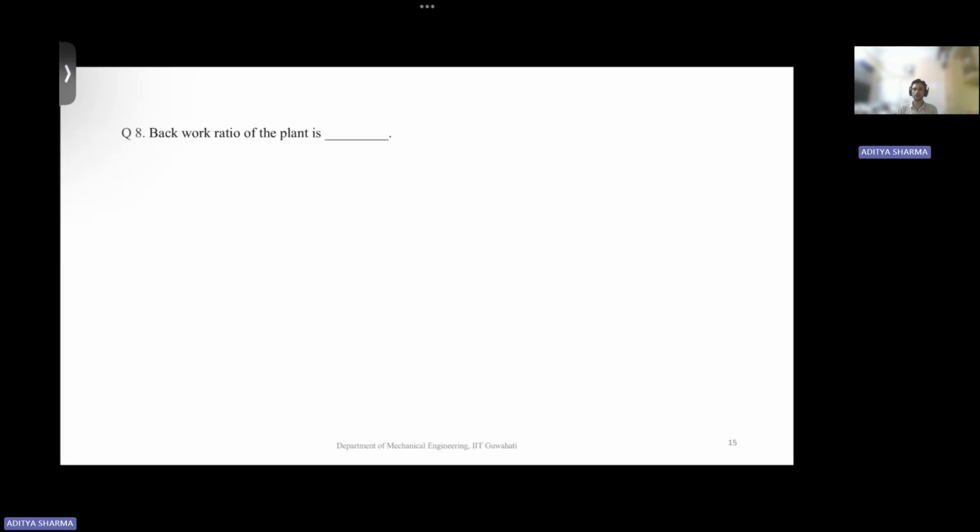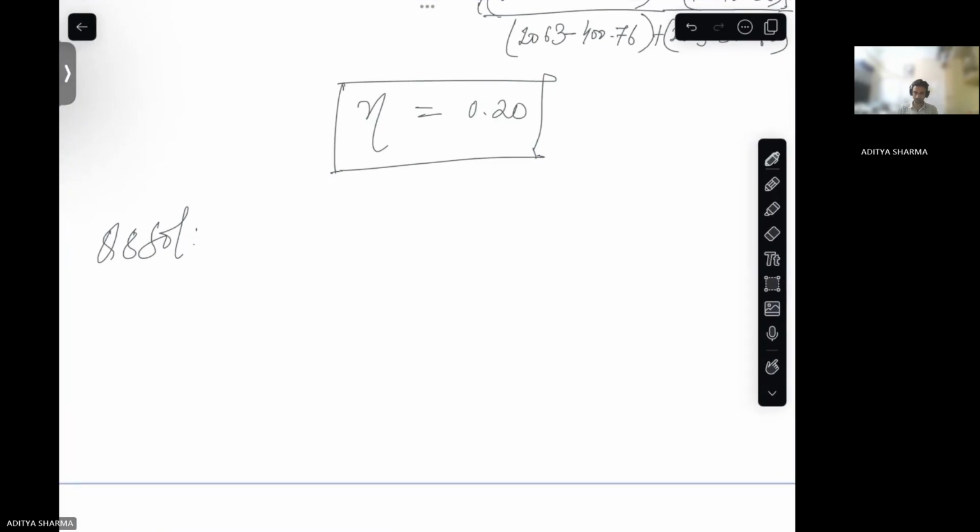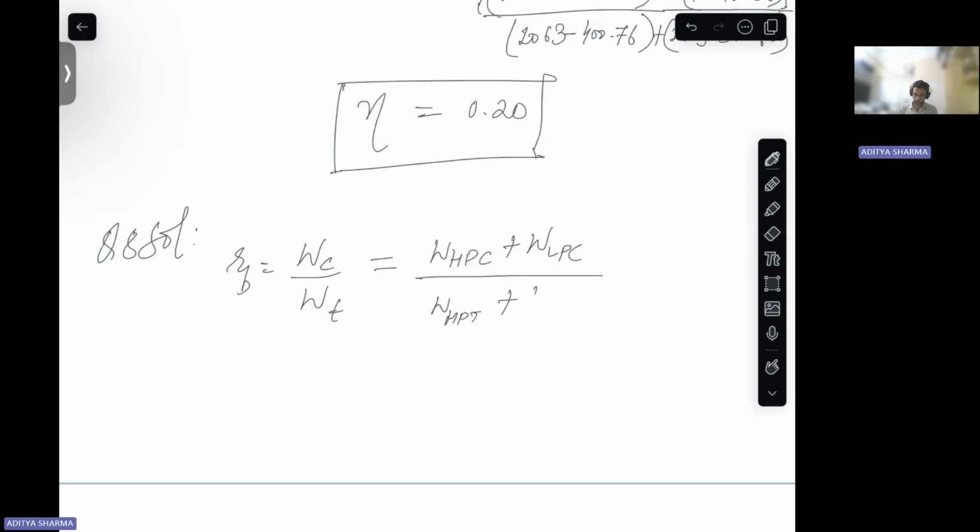Back work ratio of the plant is work of compressor by work of turbine. So this is high pressure compressor plus low pressure compressor divided by high pressure turbine plus low pressure turbine.